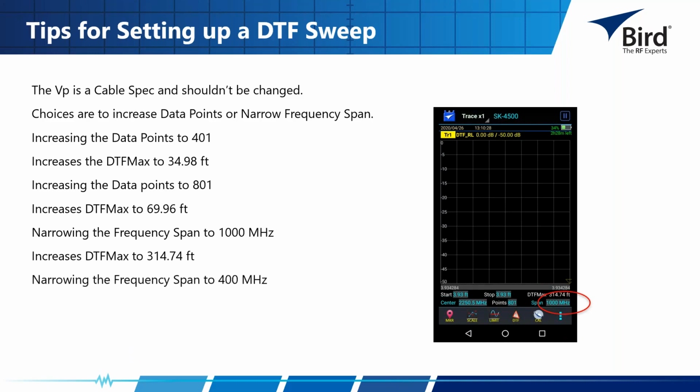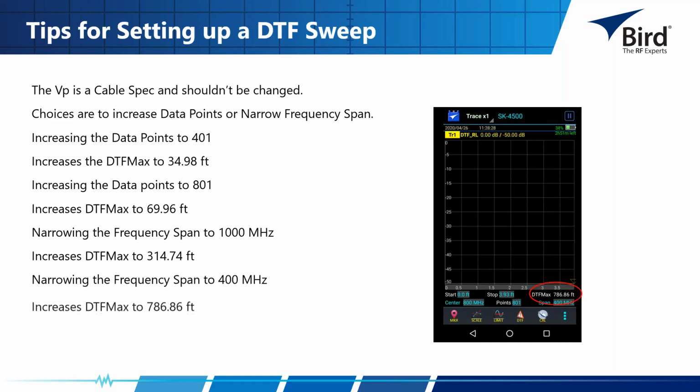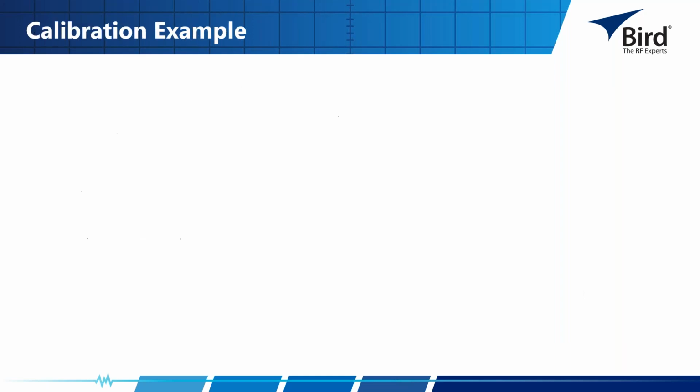If I narrow the frequency span to 400 megahertz, I increase to 786 feet. So by adjusting the number of data points and decreasing your frequency span, you can actually lengthen how far into a cable you can see.